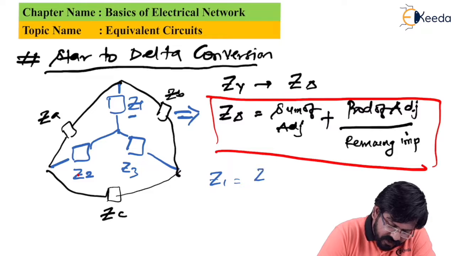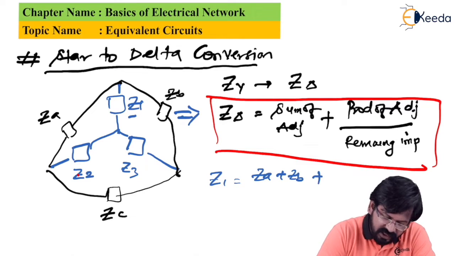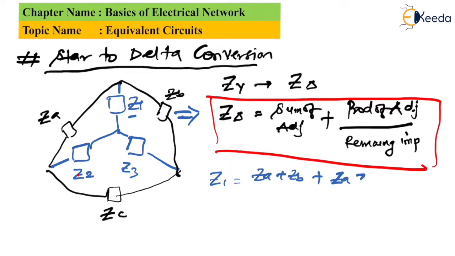So I can write ZA plus ZB plus product of adjacent, ZA, ZB divided by remaining impedance. See, remaining impedance means so far in the formula ZA and ZB are taken, only one impedance is left which is ZC, that can be treated as a remaining impedance, divided by ZC.